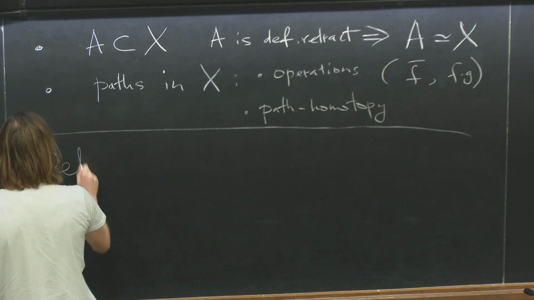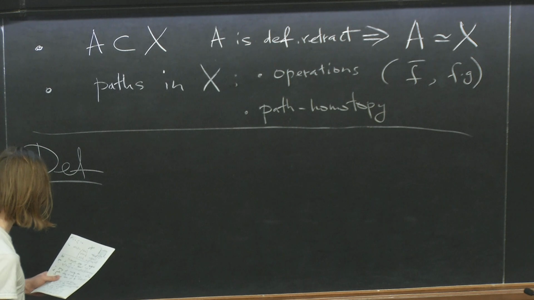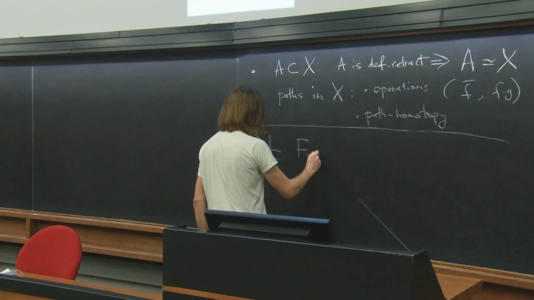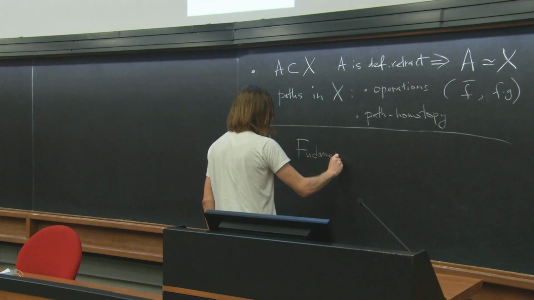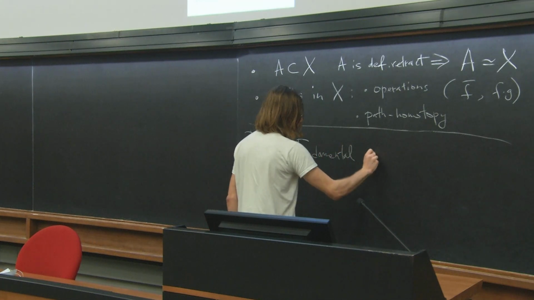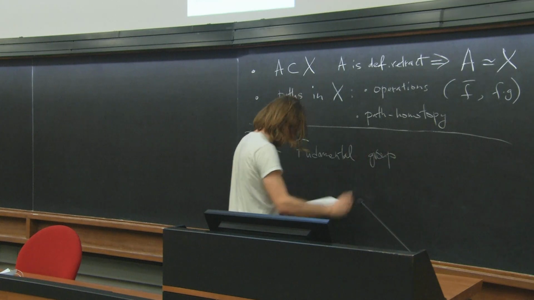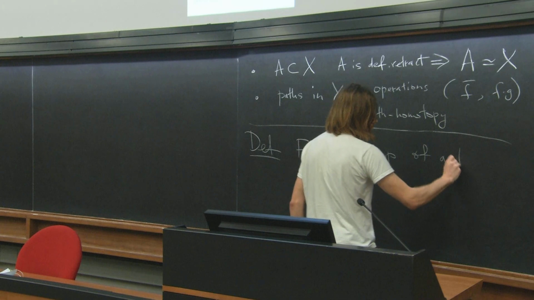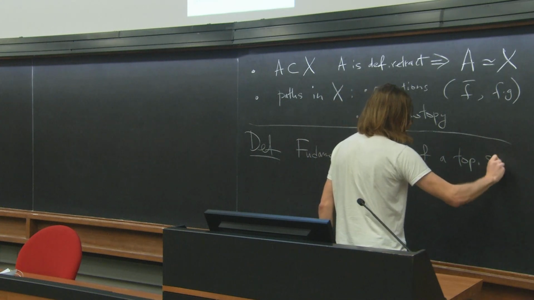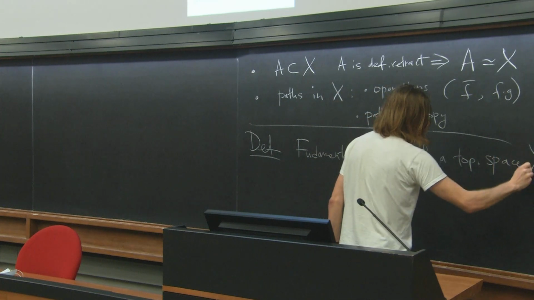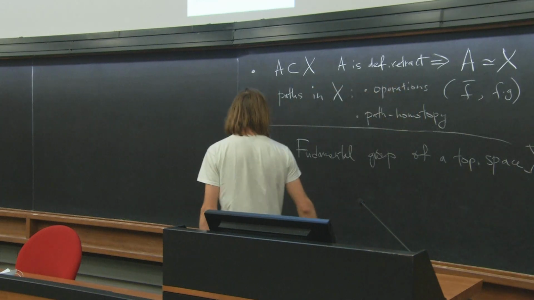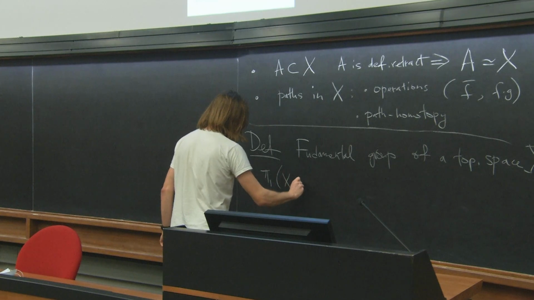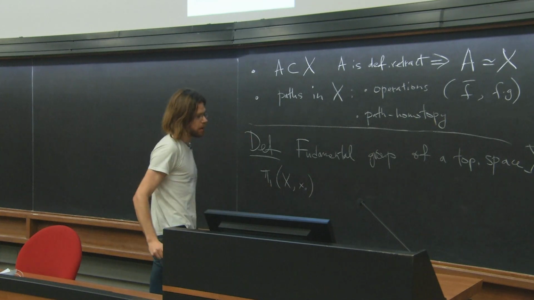So where we finished last time, let me write this definition again. The fundamental group of a topological space X is denoted by pi1 of X comma x0.